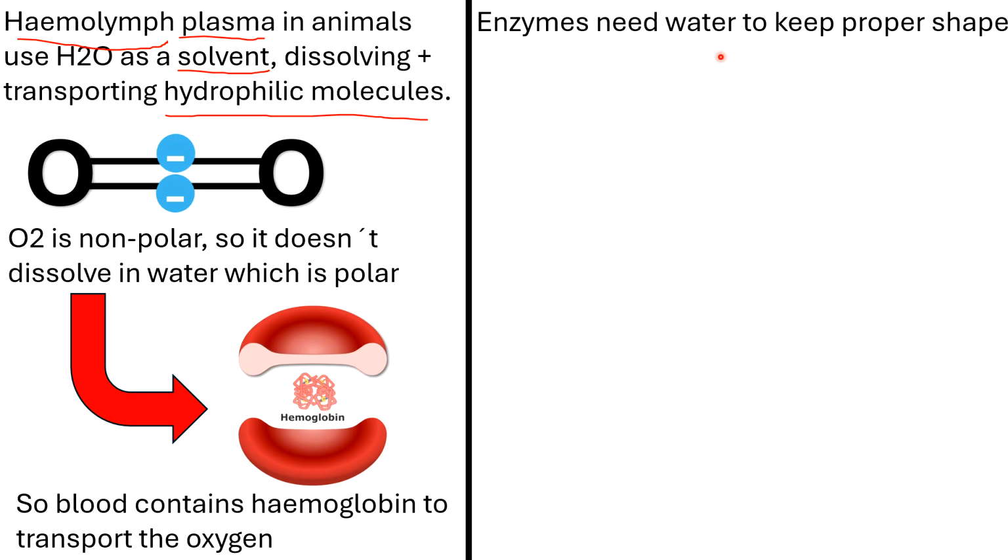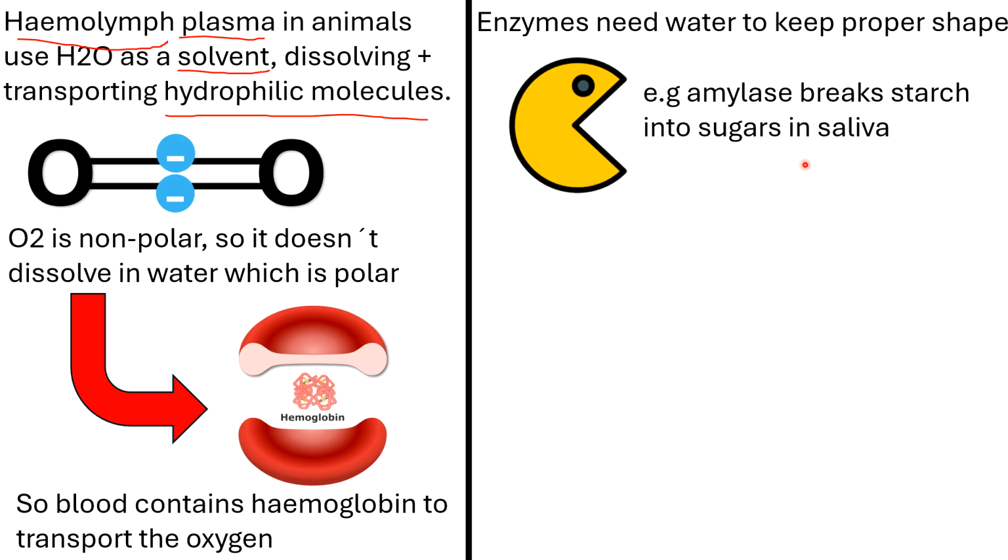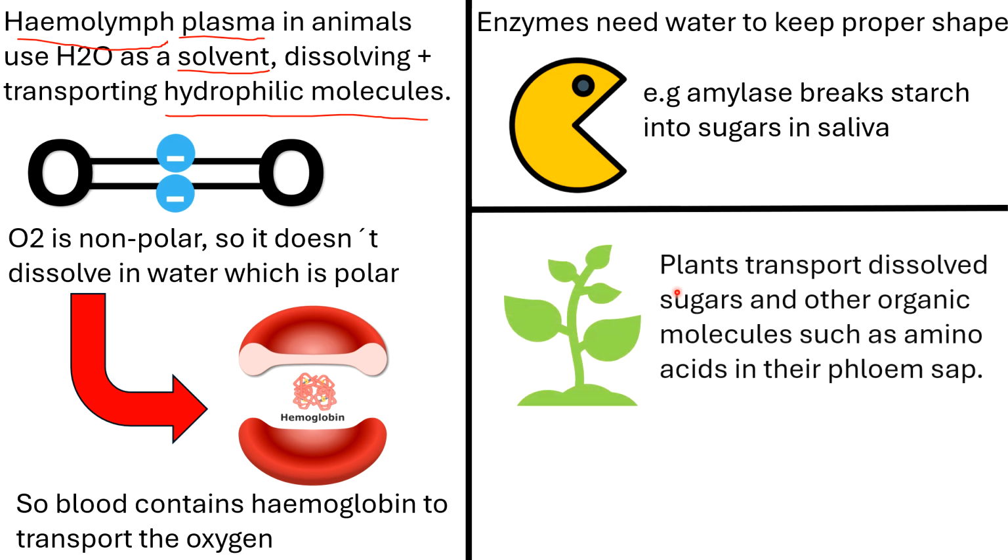Enzymes also need water, and they need it to keep a proper shape, the complementary shape, though this is for another topic. An example of this would be amylase, which breaks starch from, for example, bread into sugars in saliva or water, okay? Plants also use water, and they use it to transport dissolved sugars and other organic molecules, such as amino acids in their phloem sap.